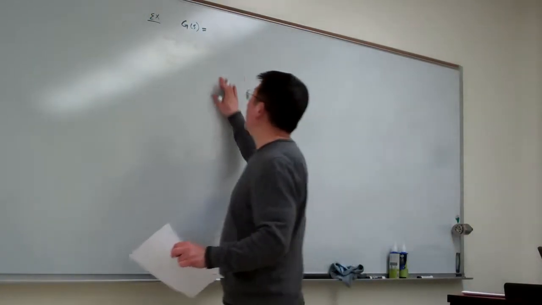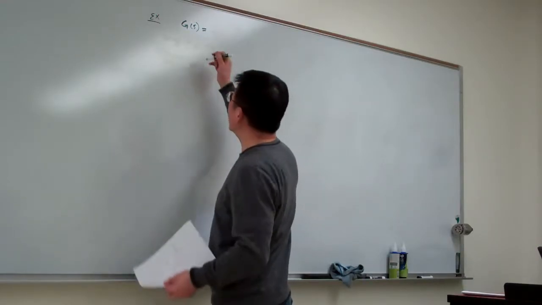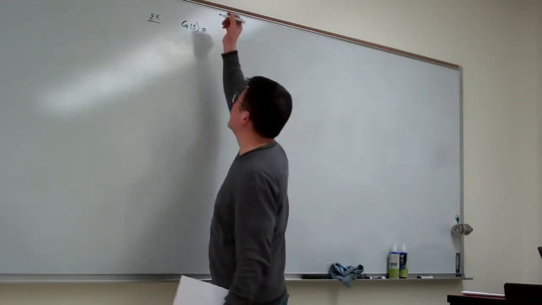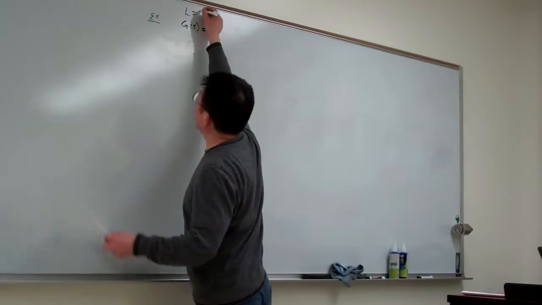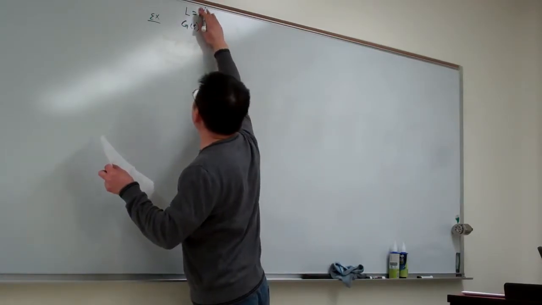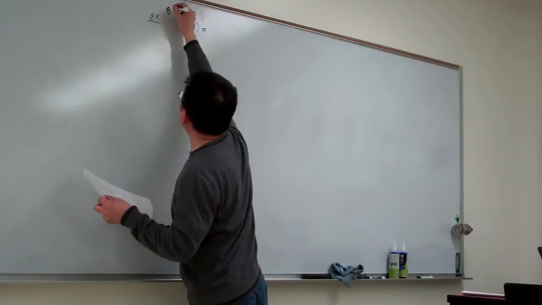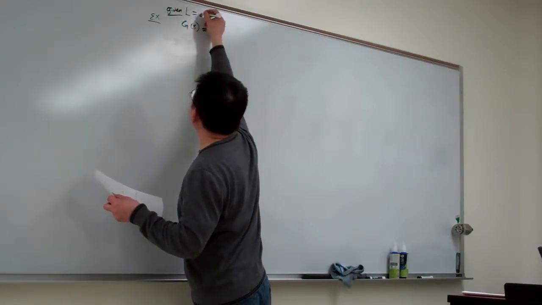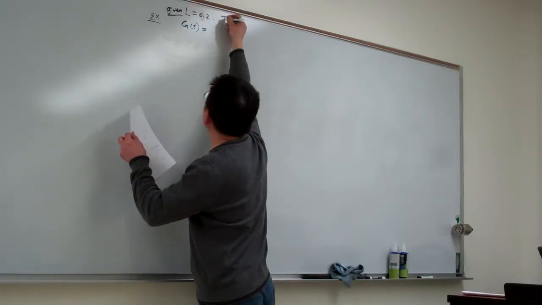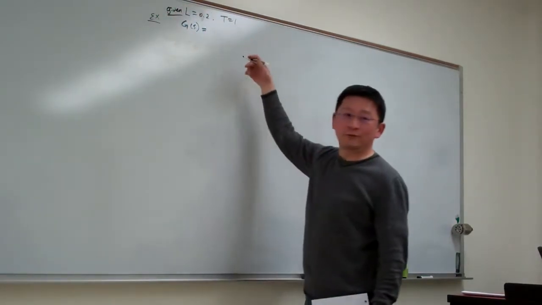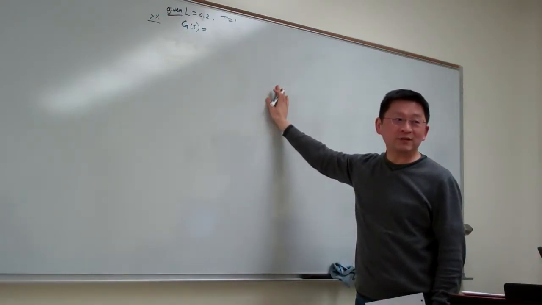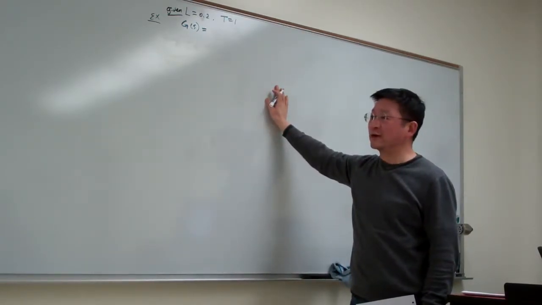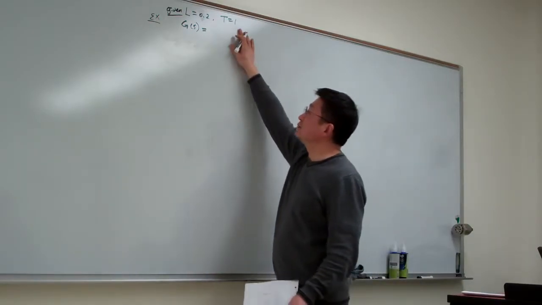So say we consider L equal to 0.2, which we are given, and T equal to 1. Okay, so that's a given. Basically we try to unify our learning by doing this.